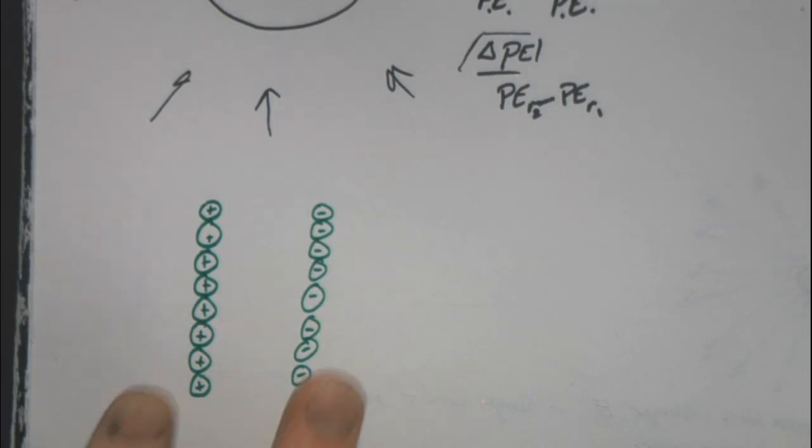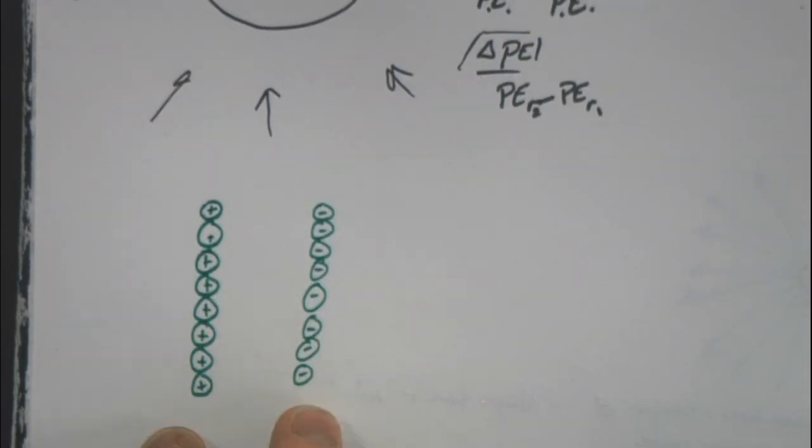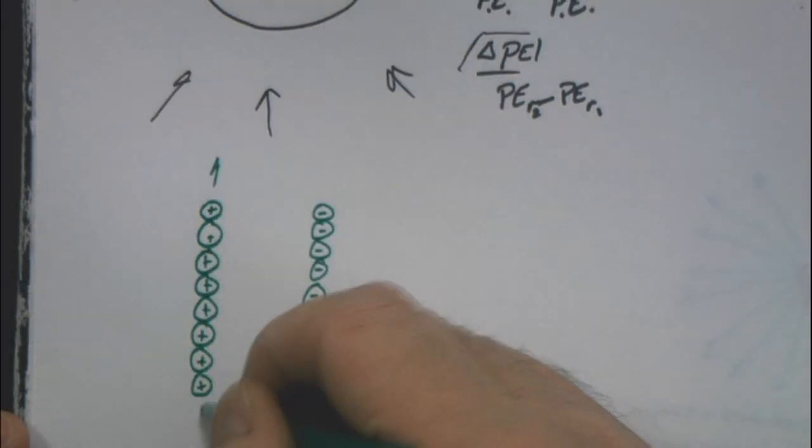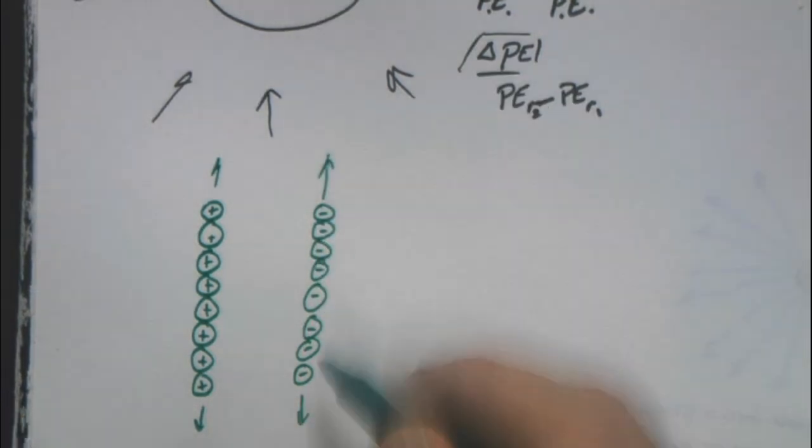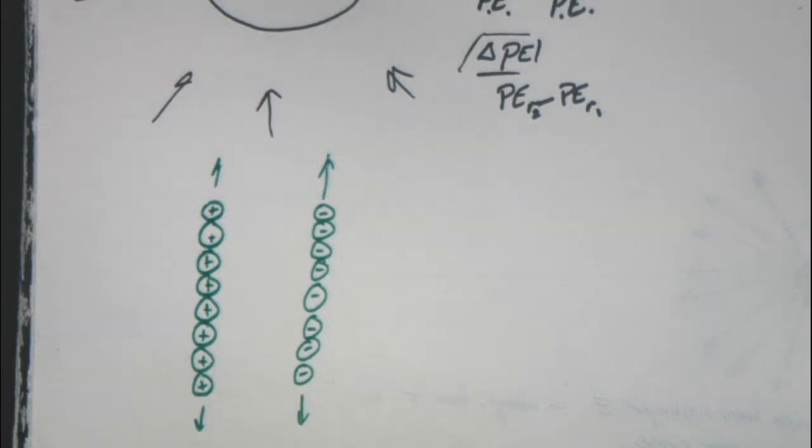So, if this is our electric field, now imagine that these go really long. These go in both directions, right? So we just have these really long plates of charge.